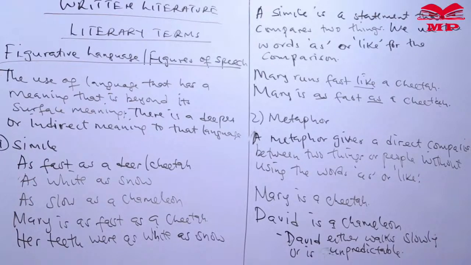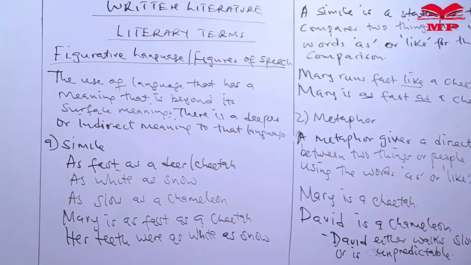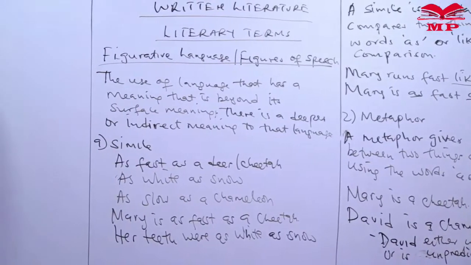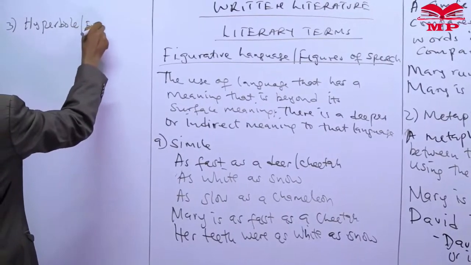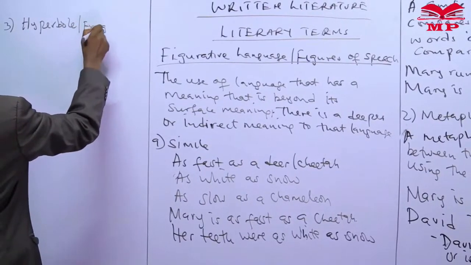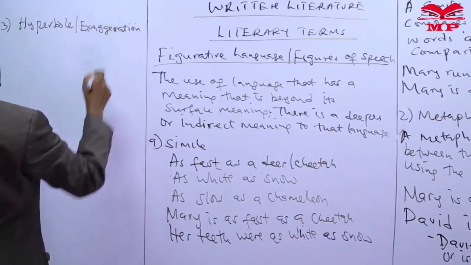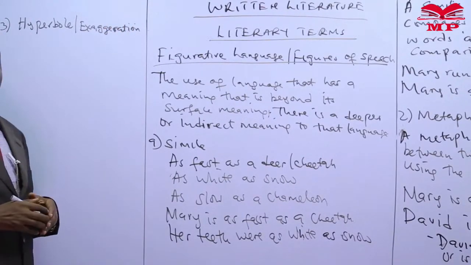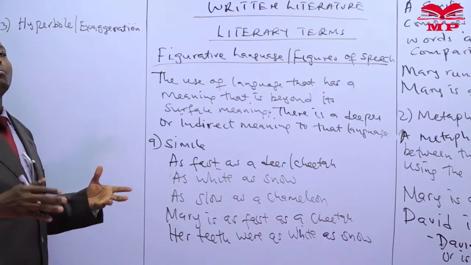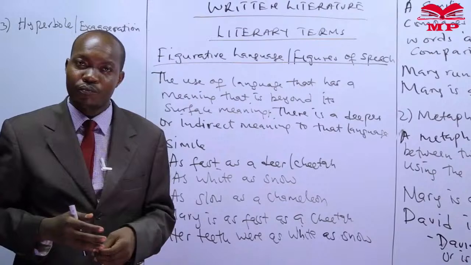The third figure of speech is called hyperbole or exaggeration. To exaggerate is to make something look bigger than it is in its natural sense or form.